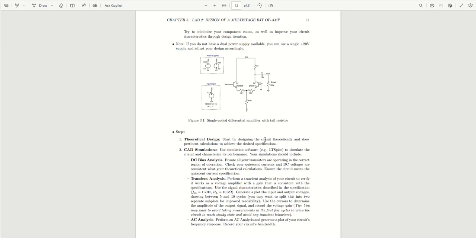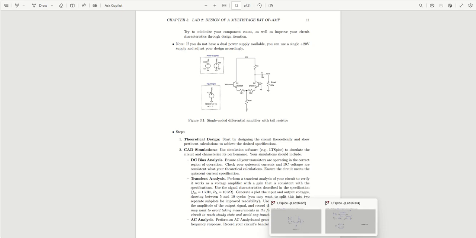So if you have done the workbook activities, I would go to workbook activity 5.5 because it's going to help you in this first single-ended differential amplifier with the tail resistor.